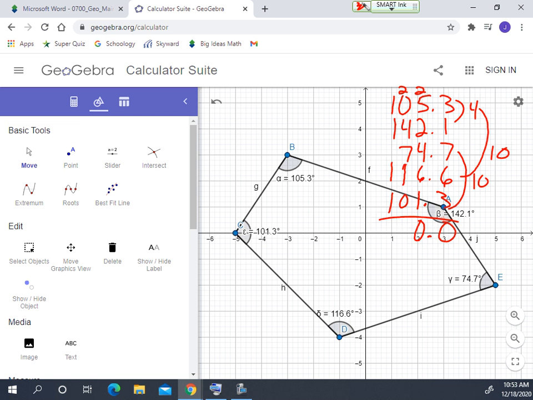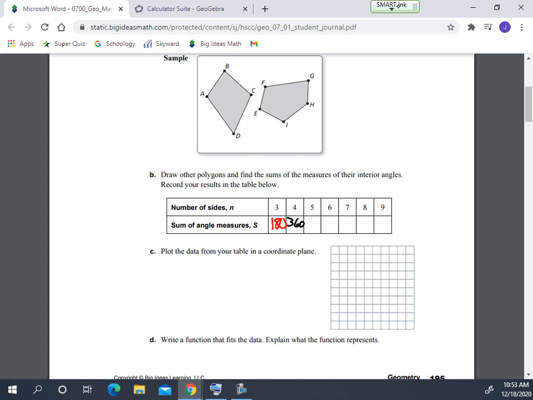And I know 2 plus 4 is 6, plus 7 is 13, plus that 1 is 14. And I have 1 plus 1 is 2, plus 3, 4, 5. So we get 540 degrees. So let's mark that, 540 degrees.